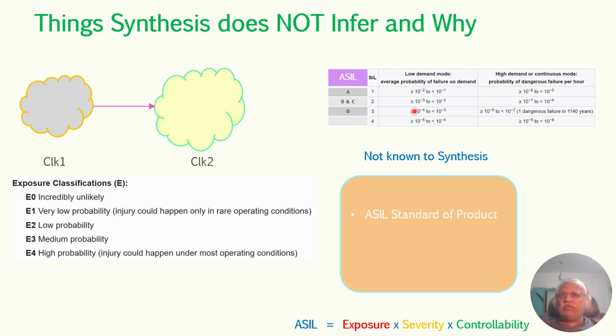These failure rates will be determined based on how many CDCs exist, and based on that we need to figure out the MTBF of the synchronizer. I'm just giving a clue that computing that, considering different frequencies, is beyond the scope of the synthesis tool.